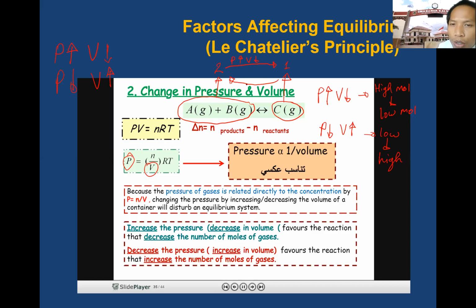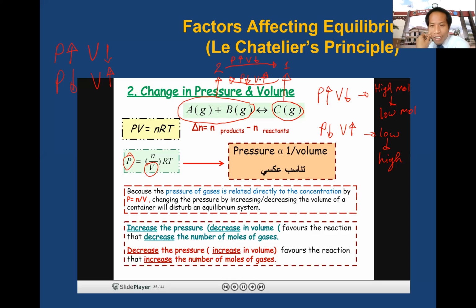Pressure decrease, volume increase. All right, that is pressure and volume. Do you have any question for this? No? Okay, you can write this one.